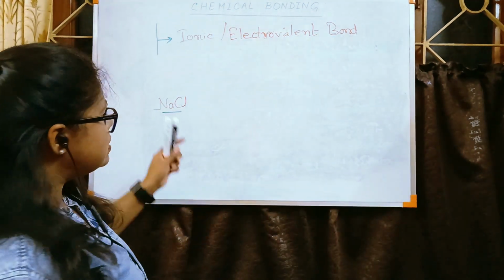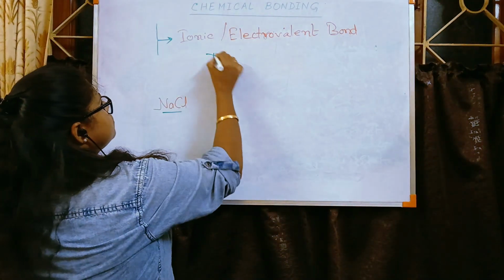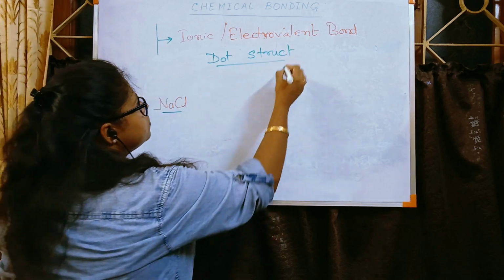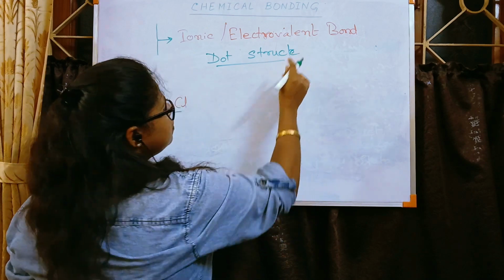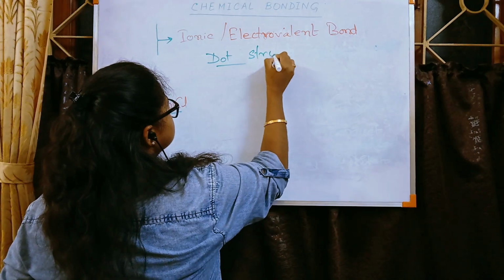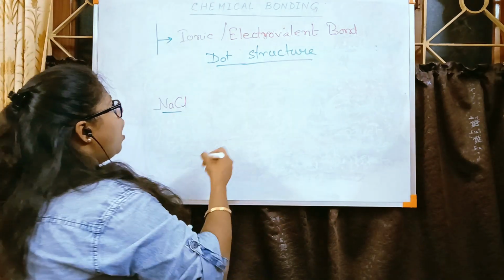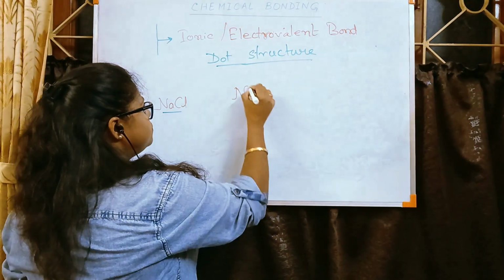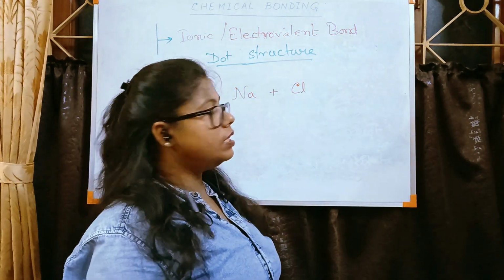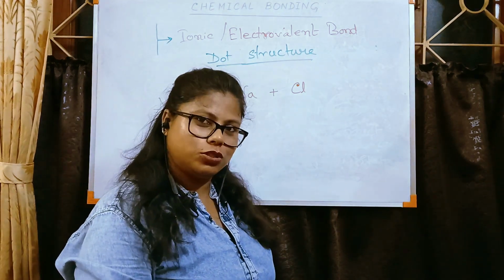We are taking the same example, NaCl. Now, for drawing this dot structure, there is a rule. If you are taking sodium plus Cl, we are not going to draw the whole atom, but only the valence electrons.